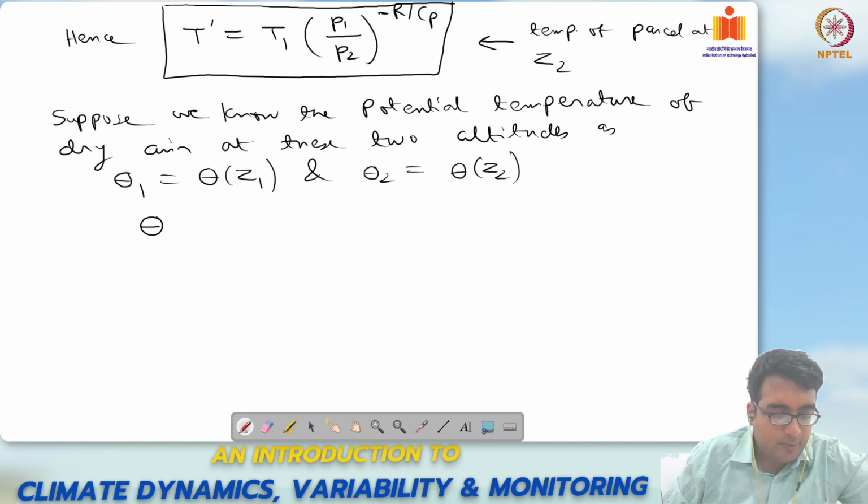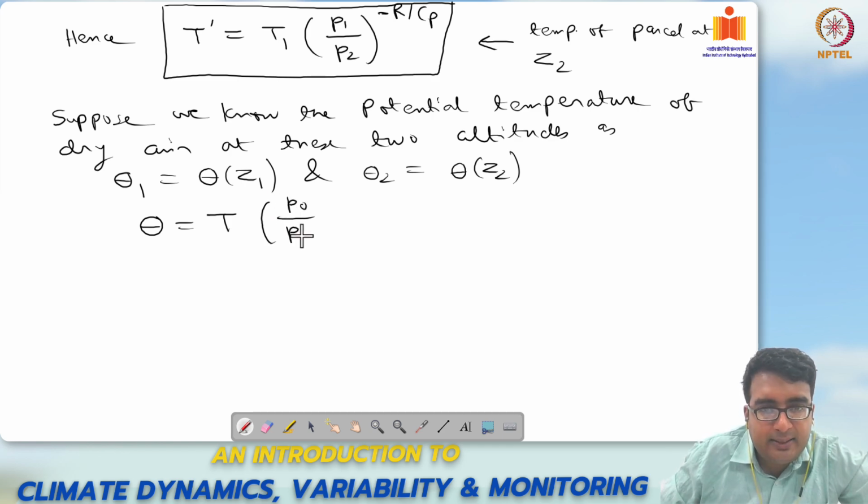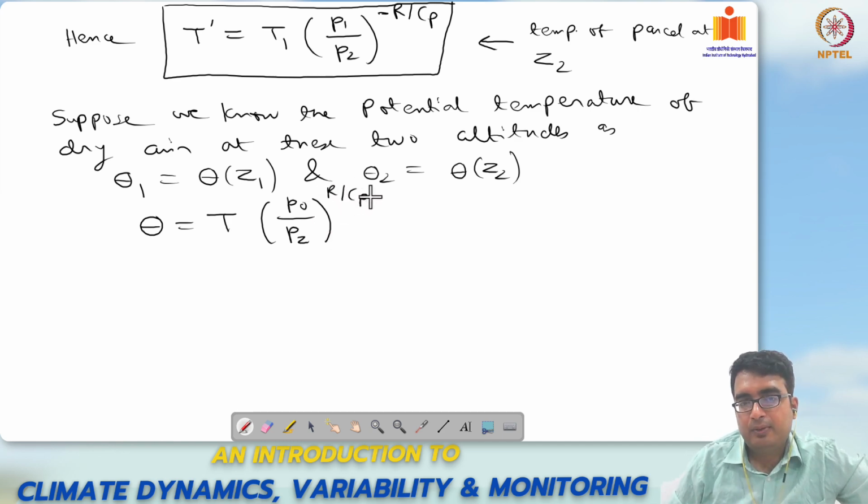Theta is equal to T times P0 by P at the corresponding altitude Z, to the power R by Cp, right?